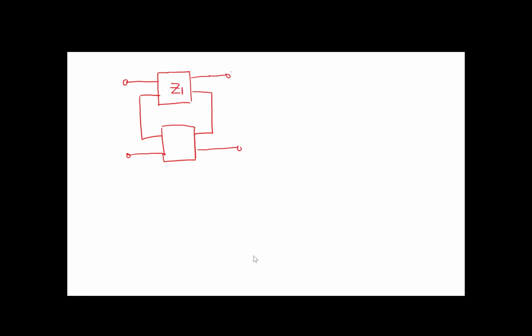This is Z1, this is Z2. The total Z equals Z1 plus Z2. This two-port network is serial. Of course, we have named the one-port network serial before.